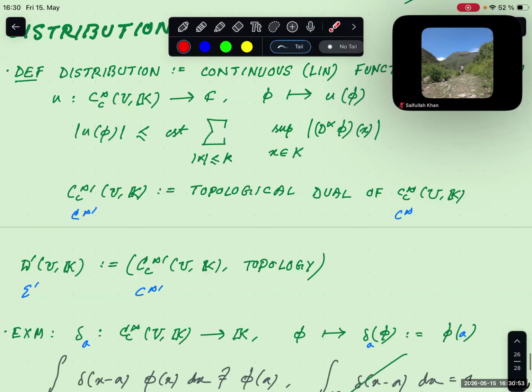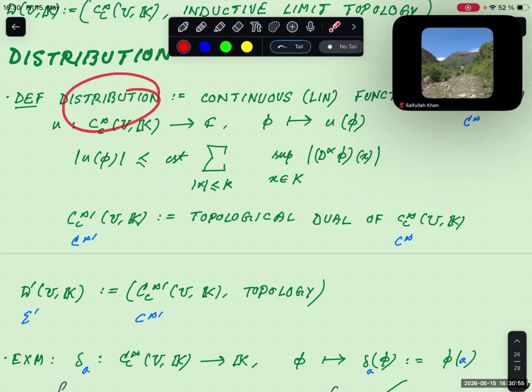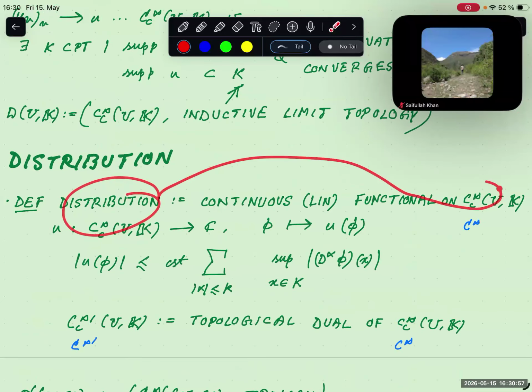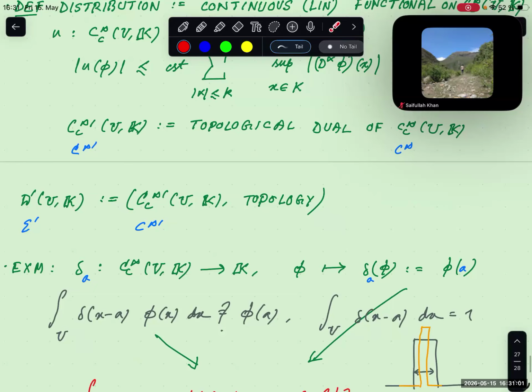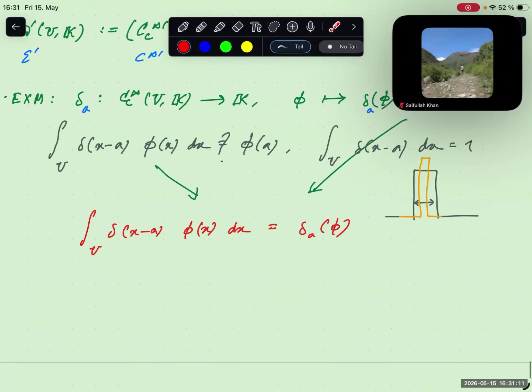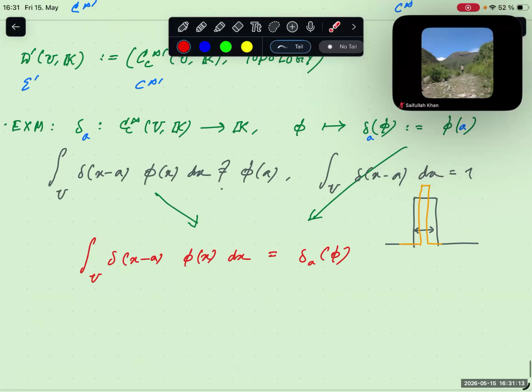And now come back to the question. To define a distribution, we need this Fréchet space with compact supports, because Dirac delta is a distribution which takes a test function as its argument. So now hopefully you see, at least, why we have done it.